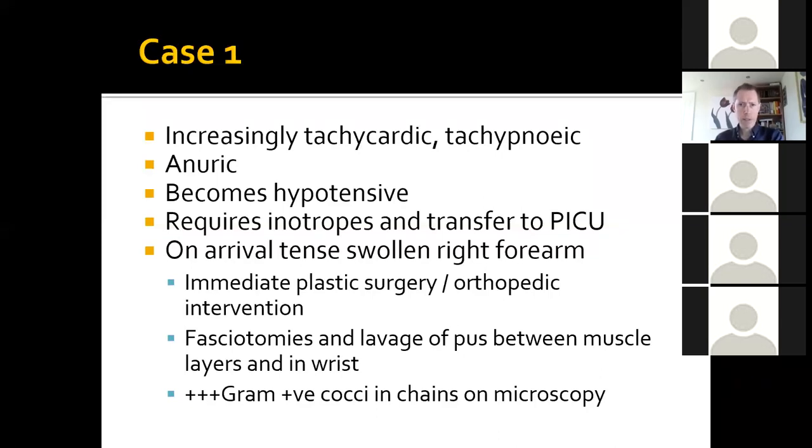She undergoes immediate plastic surgery on the intensive care unit, with fasciotomies being performed and lavage of pus, which is found between the muscle layers in her forearm and extending into her wrist. Microscopy on the samples taken in theatre shows lots of gram-positive cocci in chains.